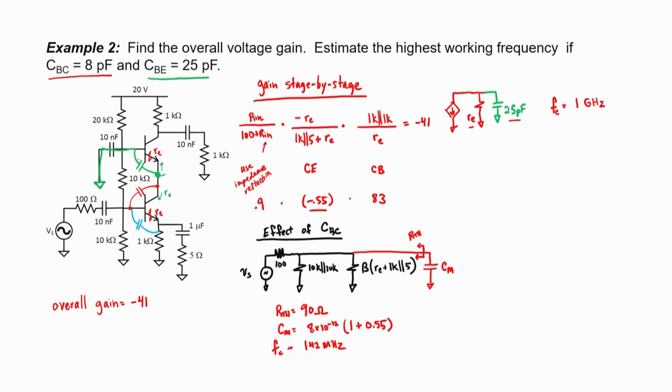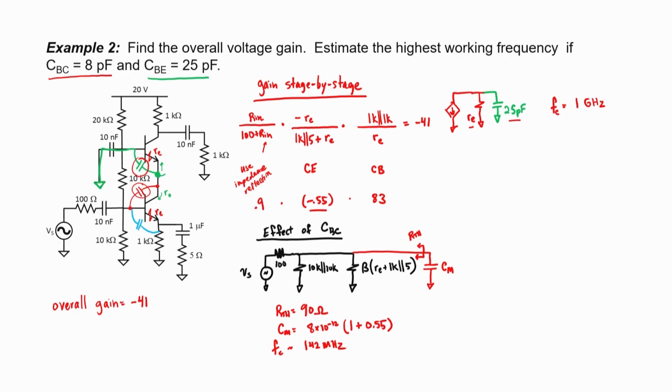So this parasitic capacitance is not really a problem in this circuit. I didn't include the 8 picofarad capacitor in this calculation simply because it's smaller. Technically speaking, I should have added it to the 25 picofarad capacitance, but because the corner frequency here is 1 gigahertz without it, it's not going to matter, so let's just forget it.